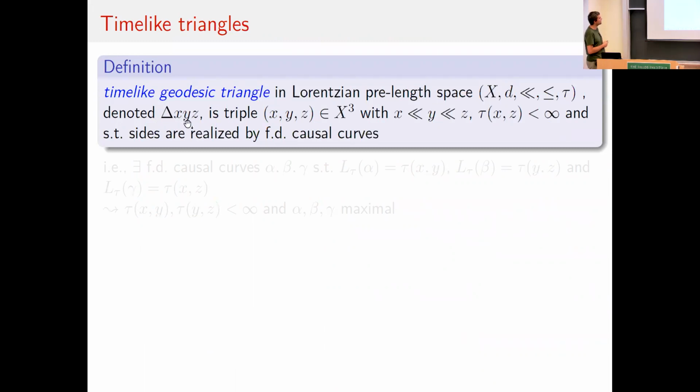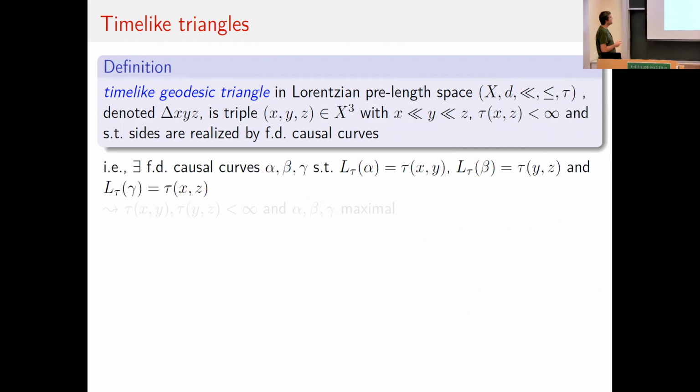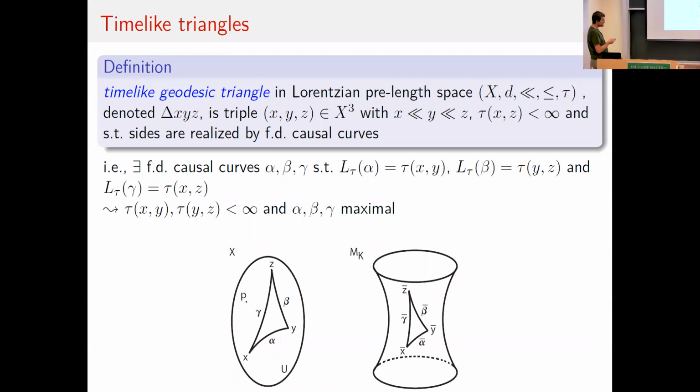We denote this by just triangle XYZ, such that they are time-like related, and the time separation of X and Z is finite, and the sides are realized by future-directed causal curves, meaning that there exist future-directed causal curves alpha, beta, gamma, such that the tau length of alpha realizes the distance from X to Y, beta realizes the distance from Y to Z, and gamma realizes the distance from X to Z. And then by the reverse triangle inequality, actually the other sides are finite, and these alpha, beta are maximal, so they are like geodesics. So you can picture this like here.